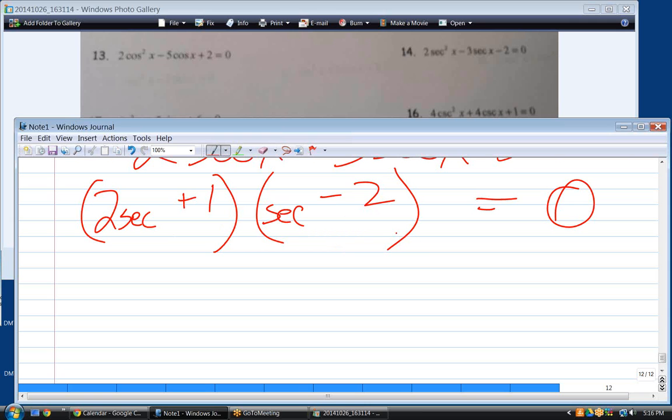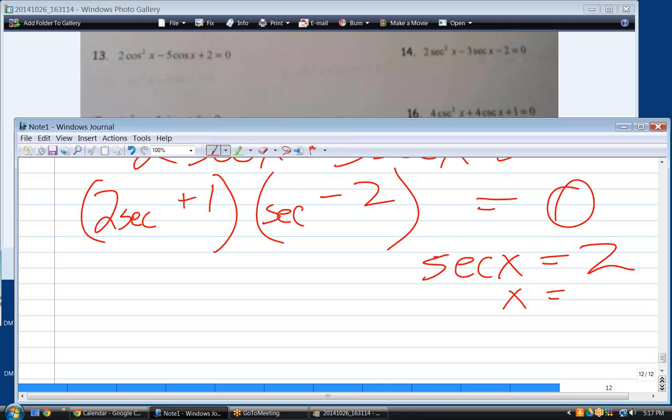So secant minus 2 equals 0, secant equals 2. Secant of x equal 2, where does that occur? Is that possible? No. Secant and cosecant are the rest of the range.